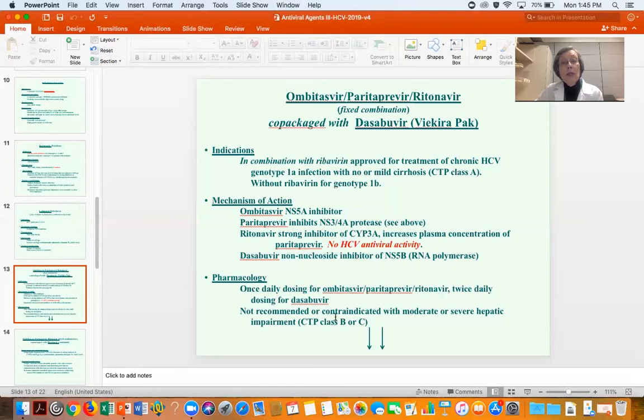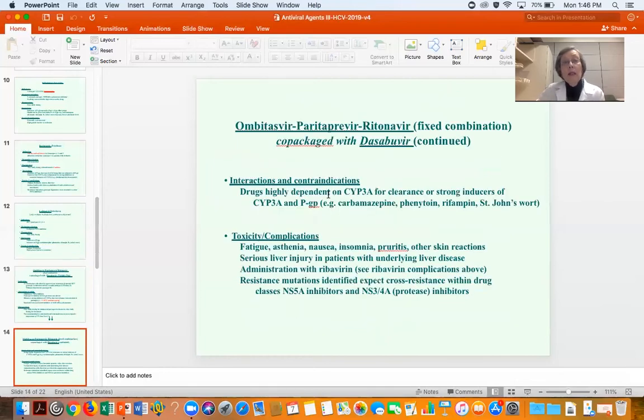It's not recommended or at least contraindicated with moderate or severe hepatic impairment, such as CTP class B or C. It interacts then with drugs that are highly dependent on CYP3A for clearance or strong inducers of CYP3A and P-glycoprotein. And this is a non-exhaustive list of some of those drugs.